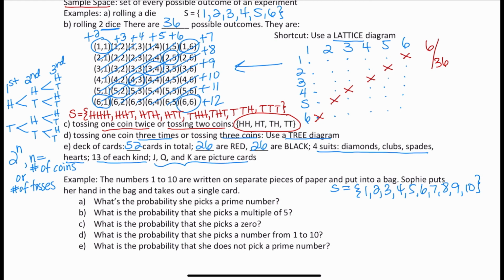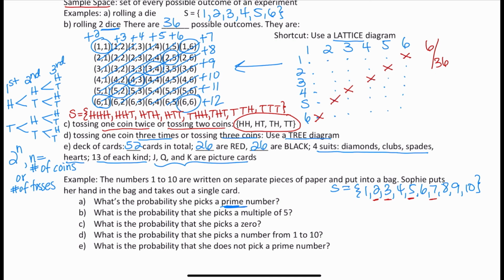You might not remember, but a prime number is basically a number that's only divisible by 1 and itself. And the first and only even prime number is the number 2. So the prime numbers here are going to be 2, 3, 5, and 7. 9 is not a prime number because 9 is divisible by 3.